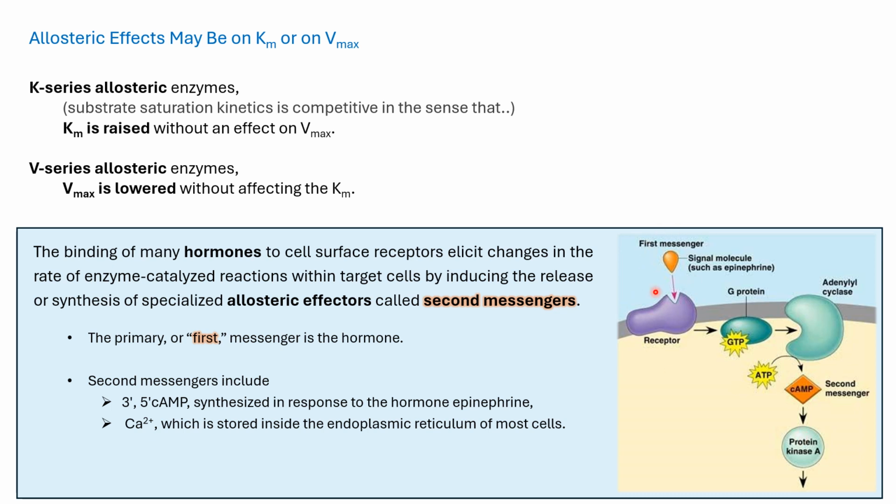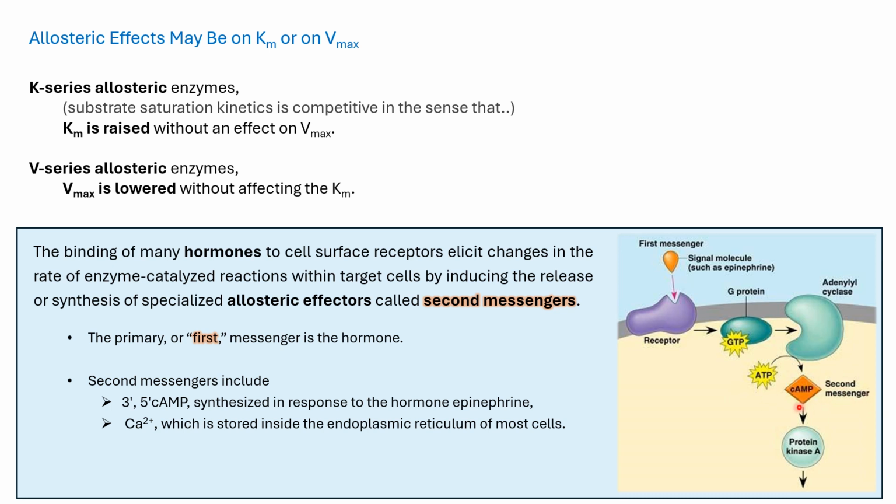So we've got the first messenger, which is the hormone itself. The hormone, unlike steroid hormones, doesn't enter the cell. It binds its receptor at the cell surface and then mediates the production of a second messenger, another signal.